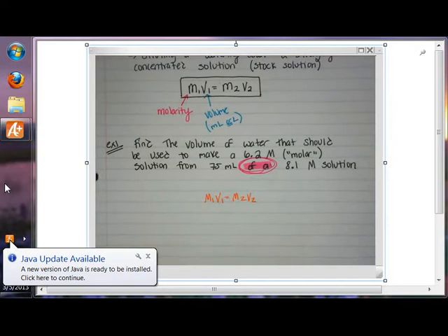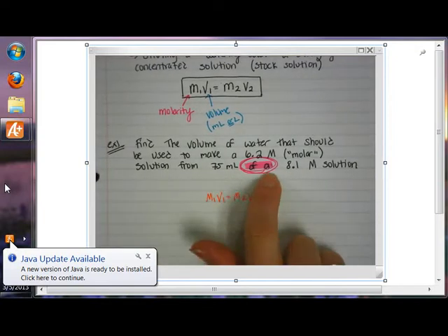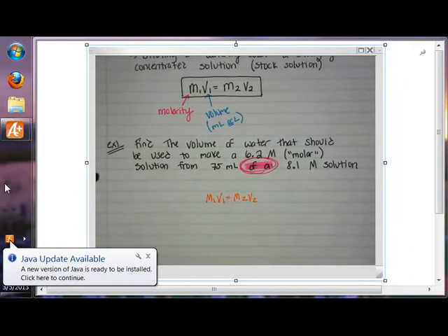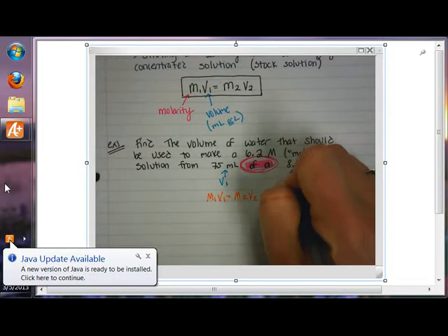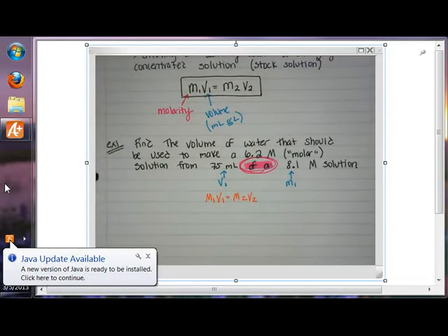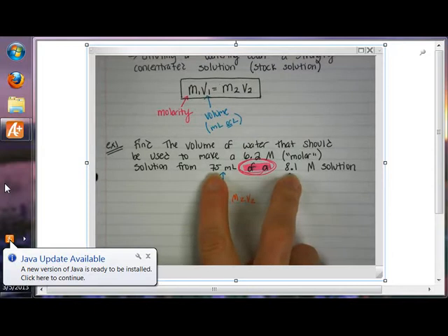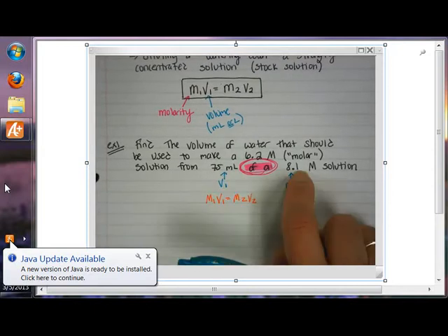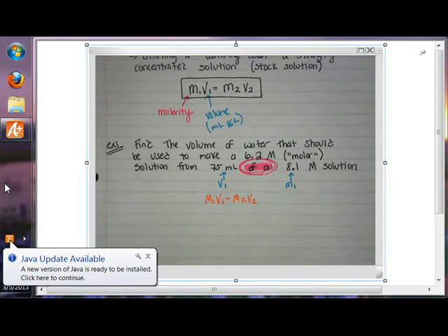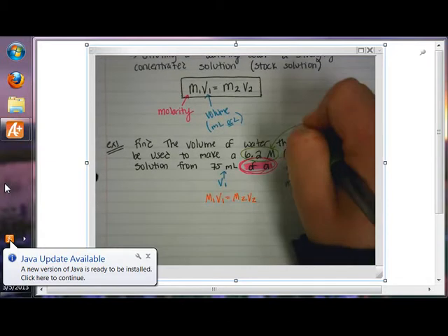And when I see some volume of a molar solution, that lets me know that this is my V1 and that is my M1. So I read through the problem, I look for the of, with two numbers on either side. Milliliters becomes my V1. The molarity becomes my M1. What's left over is my 2. So this 6.2 molar is going to be my M2.